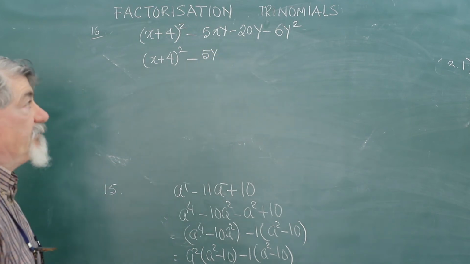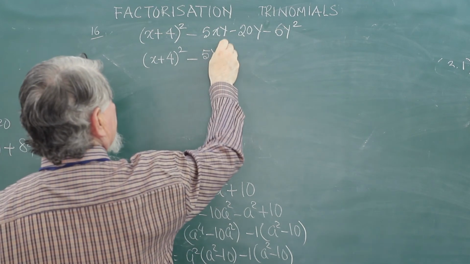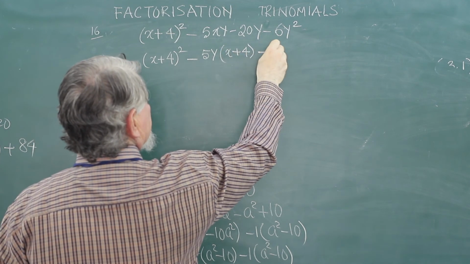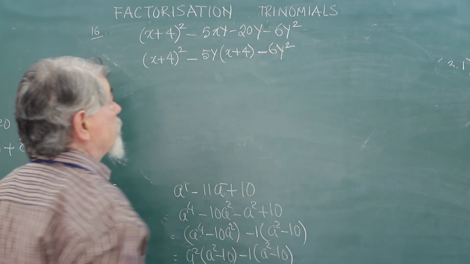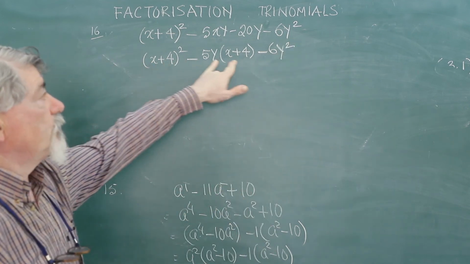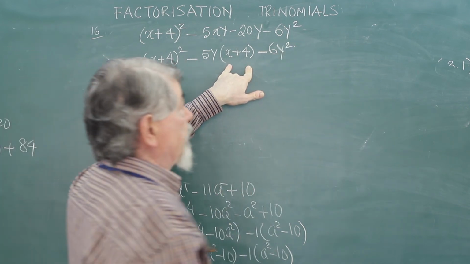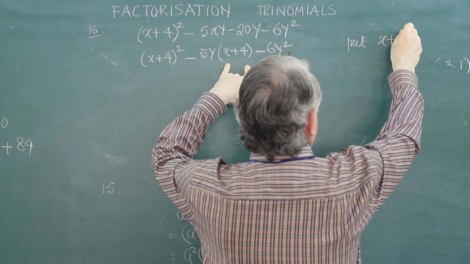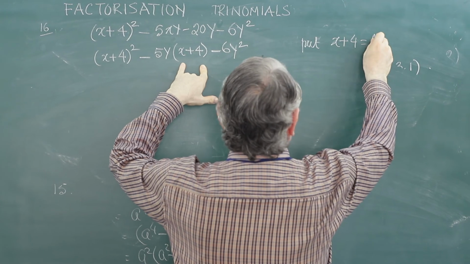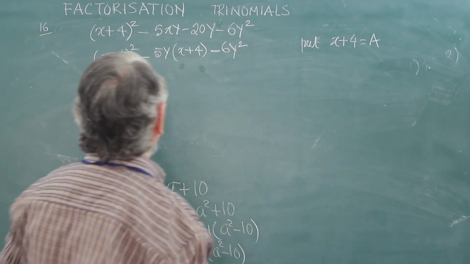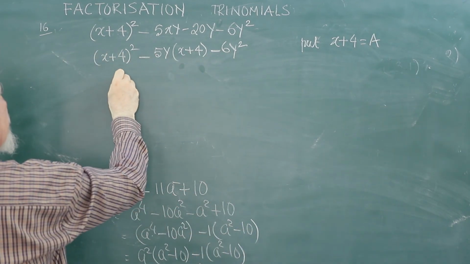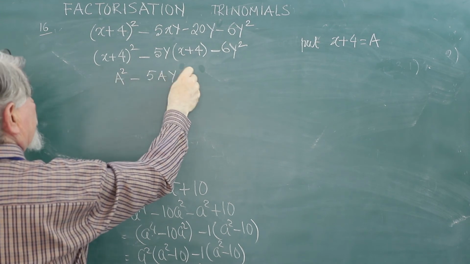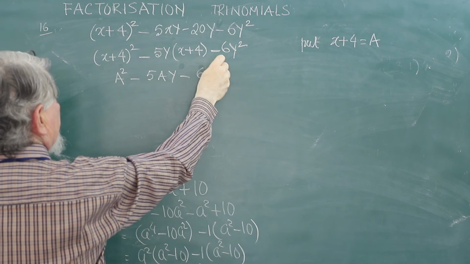If I take 5y common, then x plus 4 is left. x plus 4 is here also. Put x plus 4 as a. So what do I get? a square minus 5ay minus 6y square.